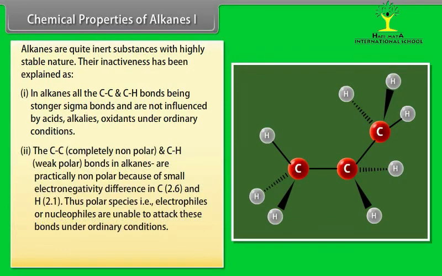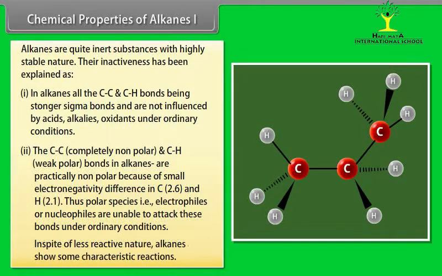Number 2. The carbon-carbon bonds are completely non-polar and the carbon-hydrogen bonds are only weakly polar, particularly non-polar because of the small electronegativity difference between C, 2.6, and H, 2.1. Thus, polar species, that is, electrophiles and nucleophiles, are unable to attack these bonds under ordinary conditions.